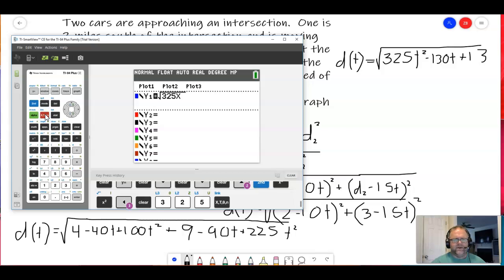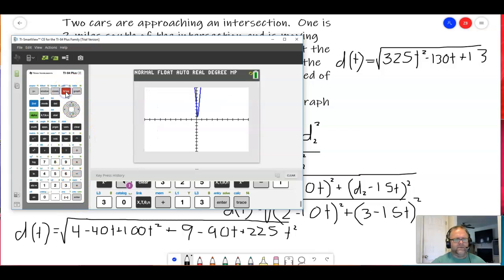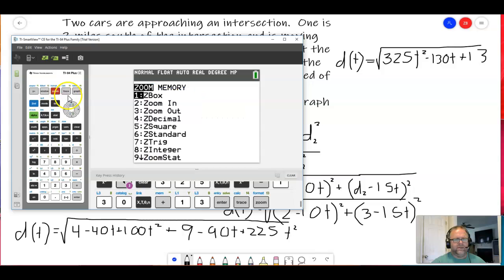It doesn't matter what we call the variable. 325x squared minus 130x plus 13. All right. Enter. Now, let's go to zoom, and let's do a zoom fit to see.